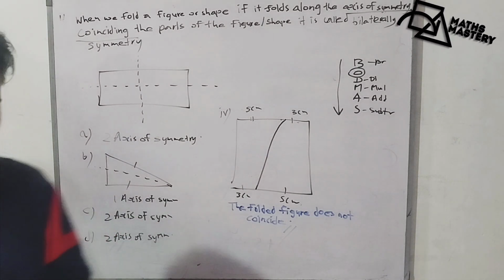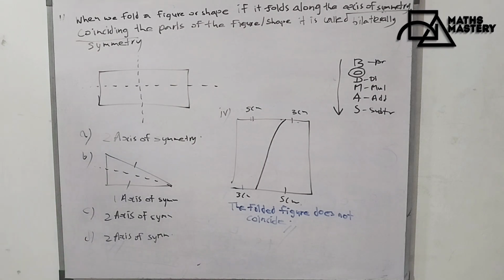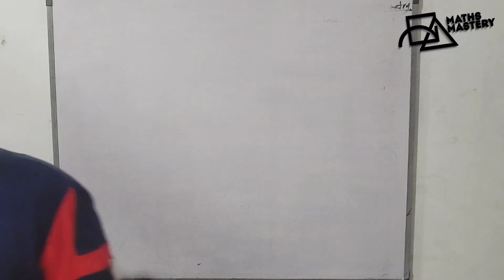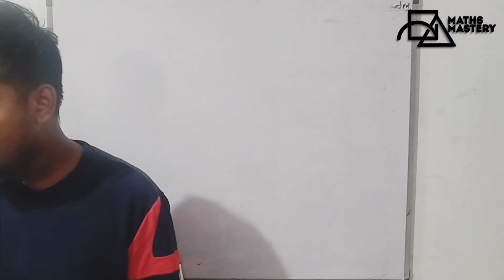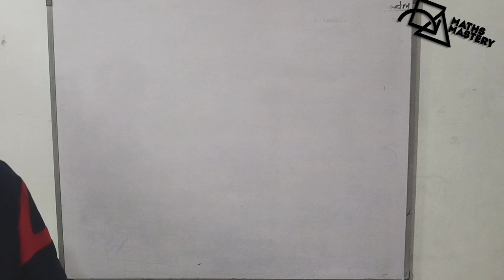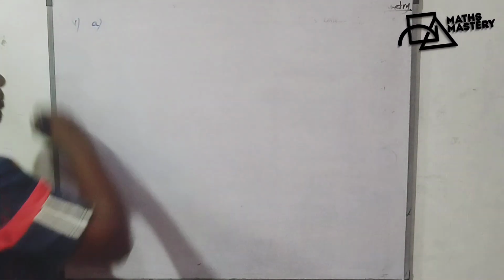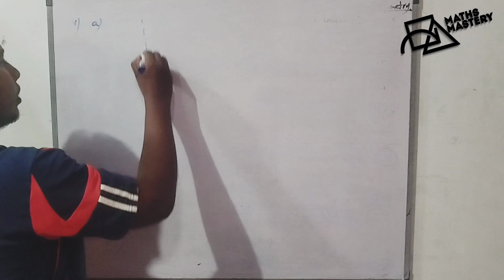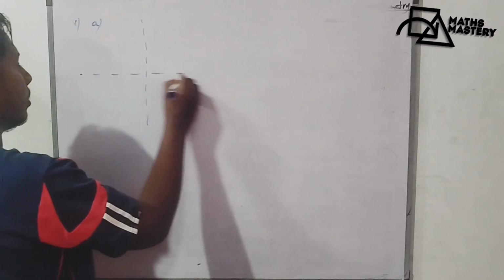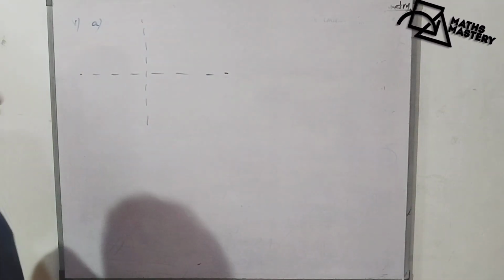Let's go to the fifth question. Copy each of the following figures onto a square ruled paper and complete each figure such that the two dotted lines become axes of symmetry of the completed figure. Okay, so students, what are you going to do? In question number 5, part A, they have given you a dotted line like this, and a line like this also.